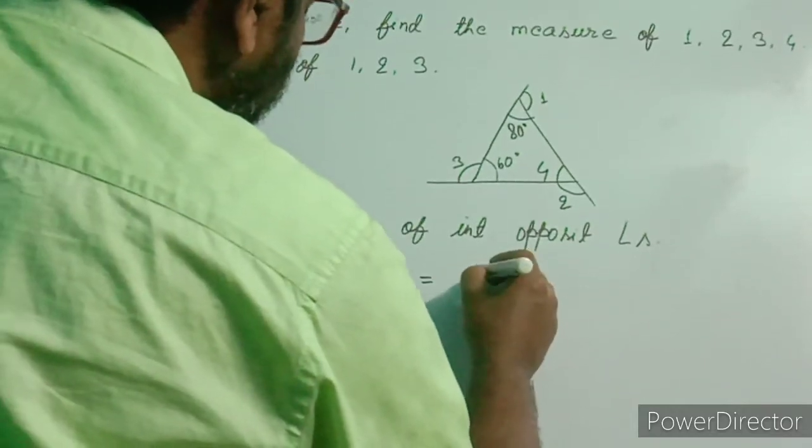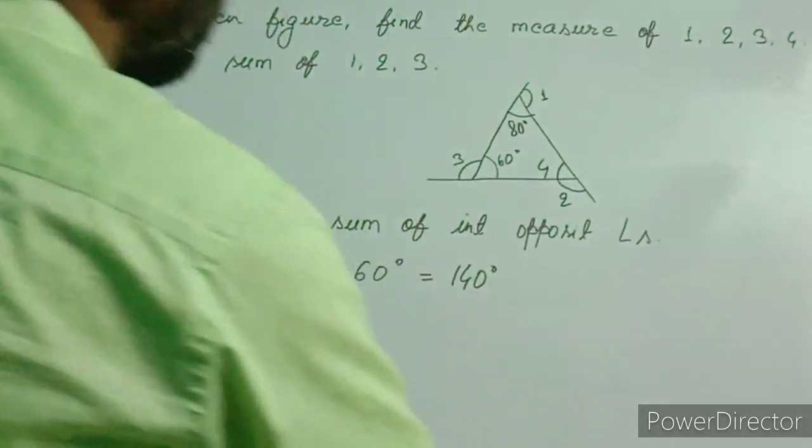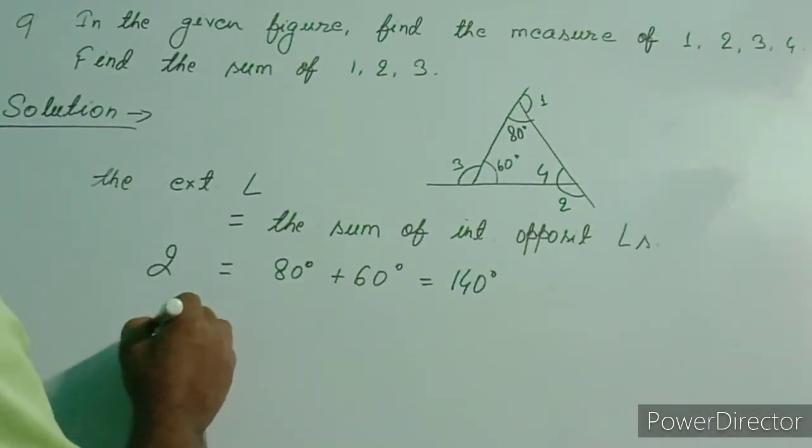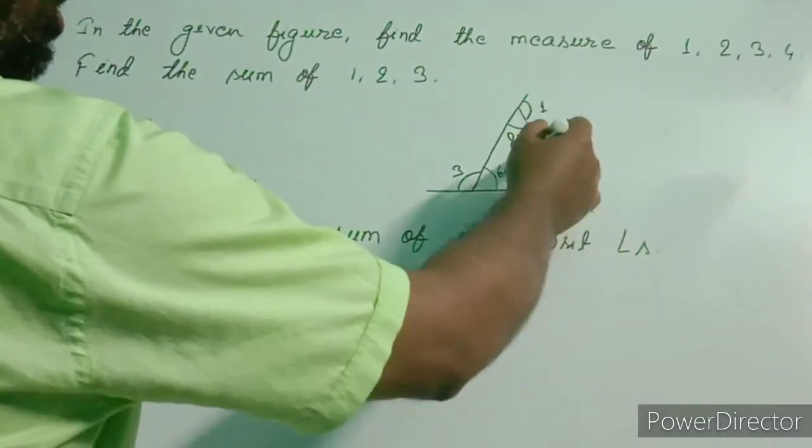equal to 140 degrees. So 4 equal to, 2 plus 4 is 180 degrees, because this is a straight angle.